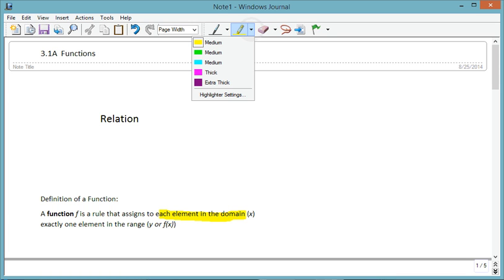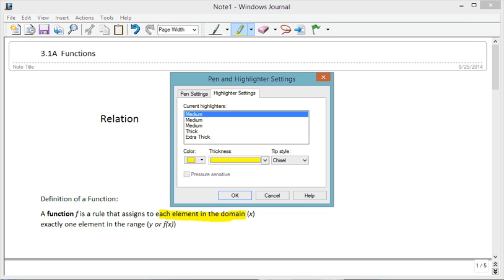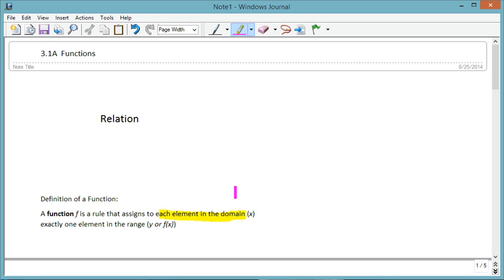Okay, so that exactly one, that is the important thing here. One element in the range.